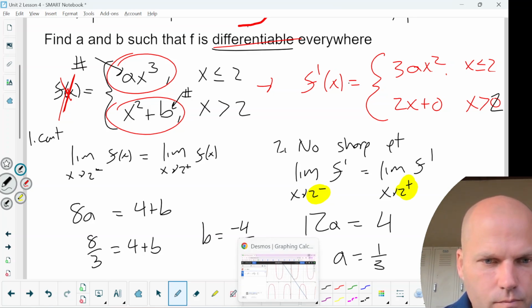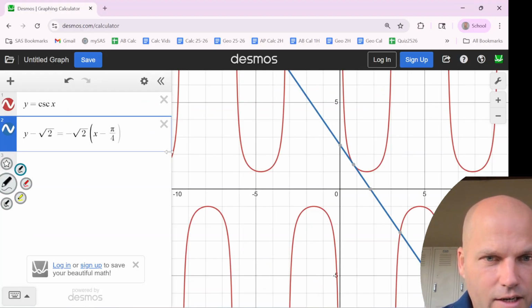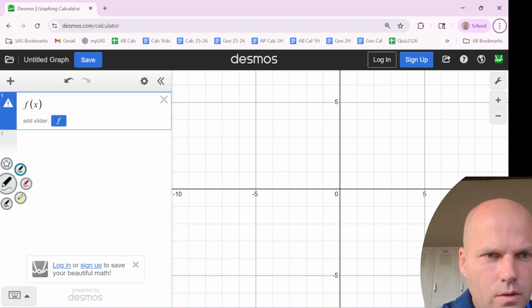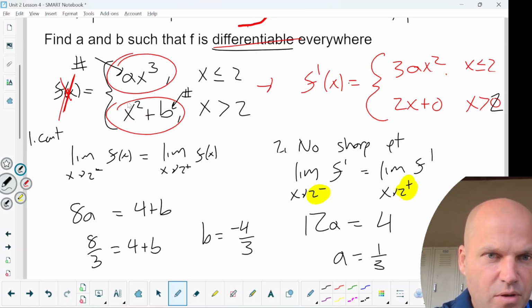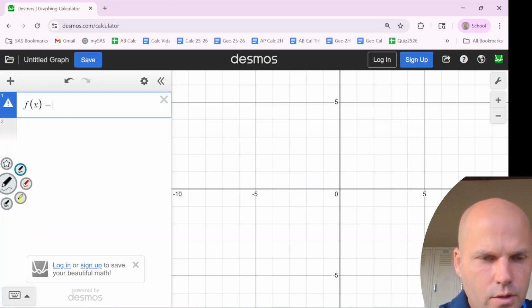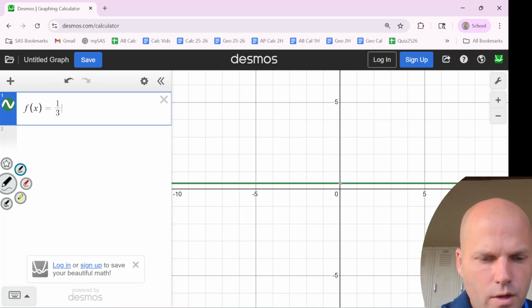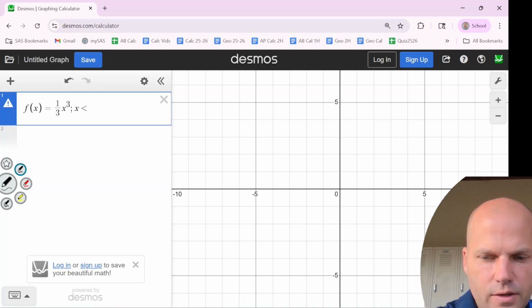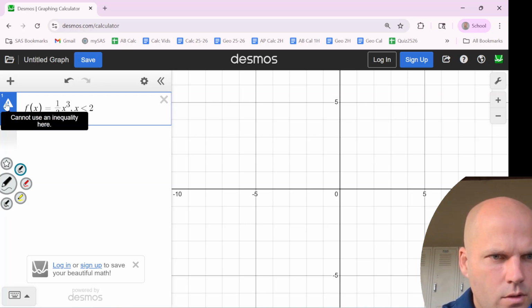I'll show you actually what we just did. We can't really graph piecewise functions. a is a third. 1/3 x cubed for x less than or equal to 2. How do I do this?